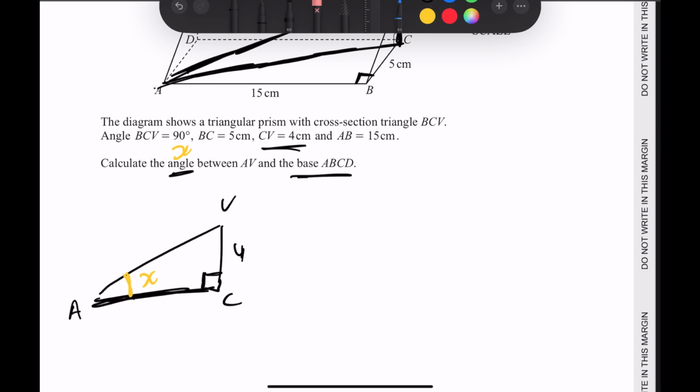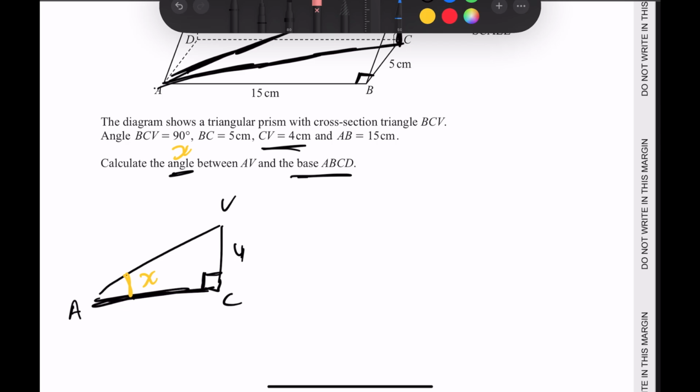So to find this angle X, you can either find the length of AV or the length of AC, and then use trigonometry, i.e. sine inverse, cos inverse, or tan inverse, depending on what you find.